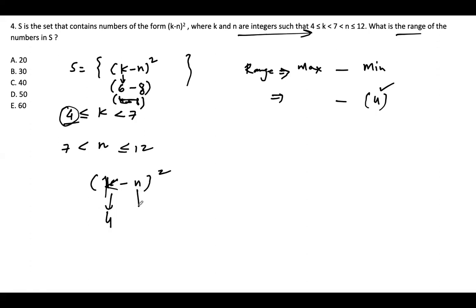Why can't K be 4? 4 and 12. If you're saying 6 and 12, you're just getting 36. But if you're taking K as 4 and n as 12, you're getting -8 square to be precise. So 64. So max minus min, 64 minus 4 comes out to be 60. This value is going to be 60.